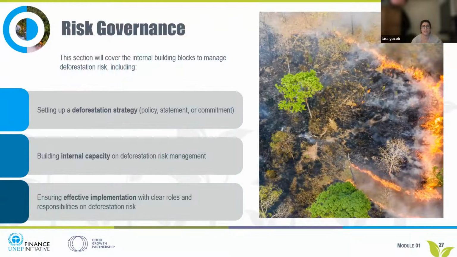Internal capacity. One of the key things we also touched on in the last few slides was setting up a deforestation risk policy or strategy. For many banks, a policy is not really necessary.